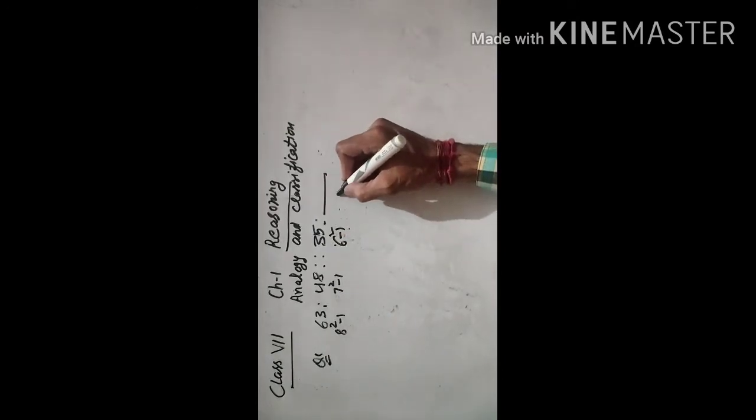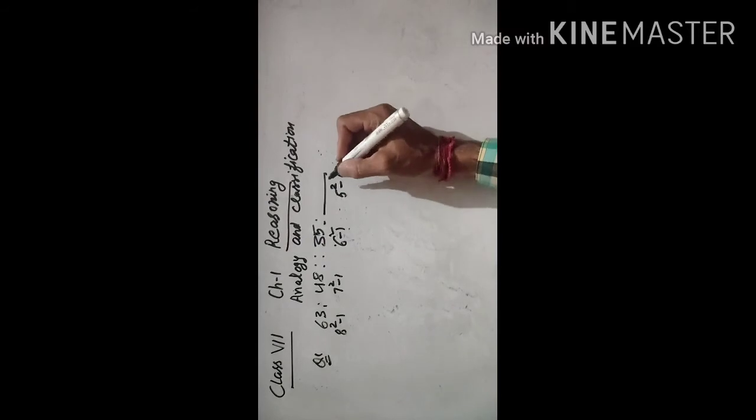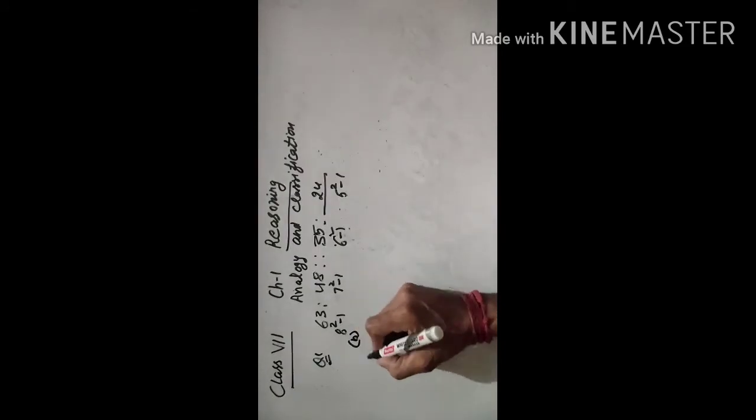Here 5 square minus 1, that is 24 is the answer. So option B is the answer of question 1.